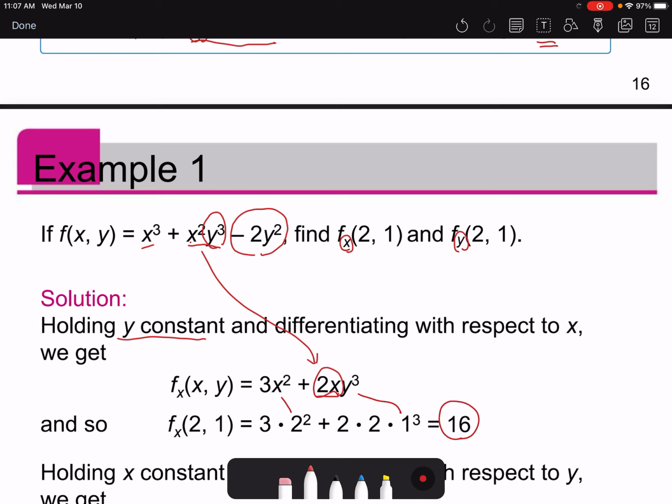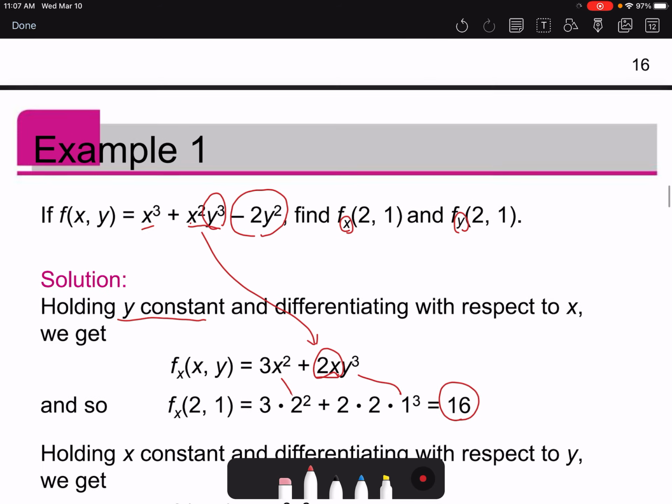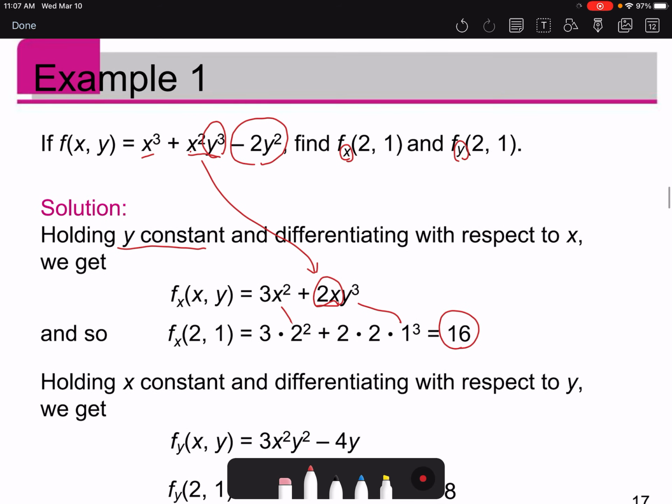Now we find the partial derivative with respect to y. Do that again, this time treating x as a constant. The derivative of x cubed, since x is constant, becomes 0, it's gone.